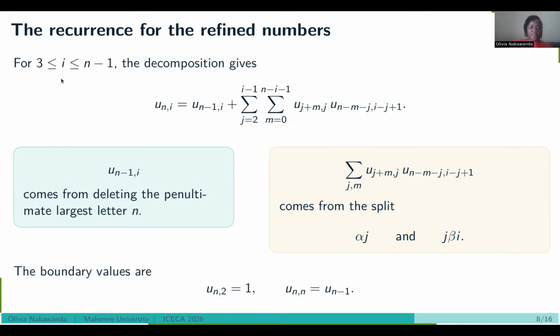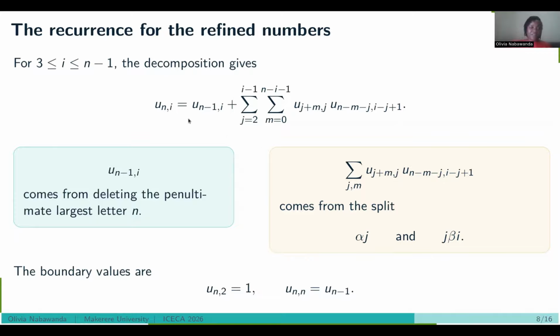And the recursion is that for i greater or equal to 3 and less or equal to n-1, we have U_n,i satisfying this recurrence relation. In fact, the double summation here depends on j and m, where j has to cater for all the possible choices of the splitting, while m is the parameter for the size of the subsequences.